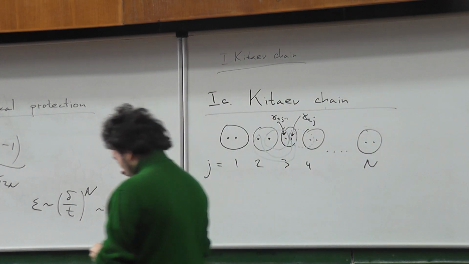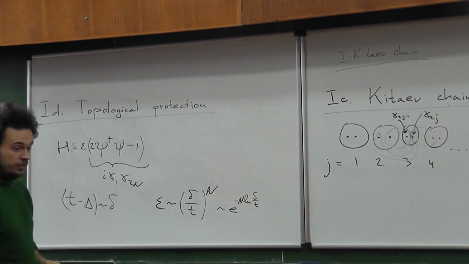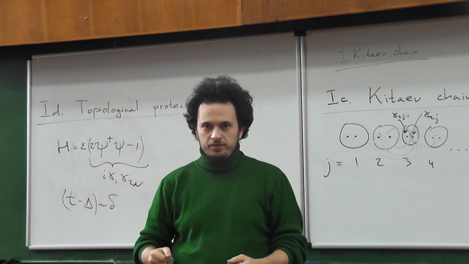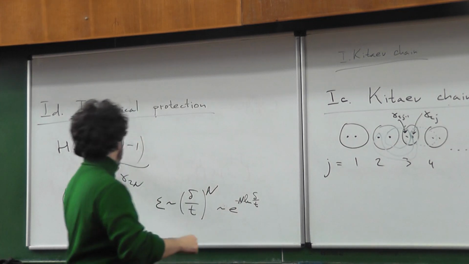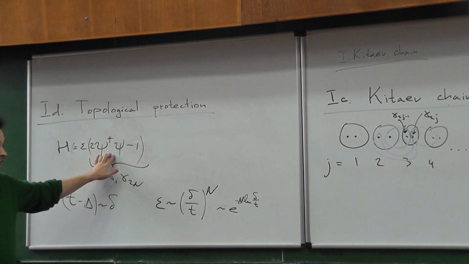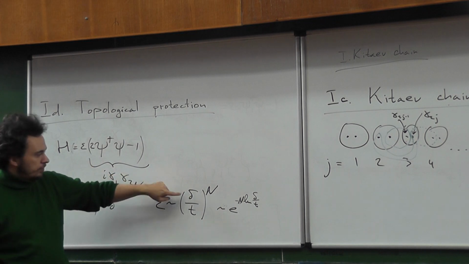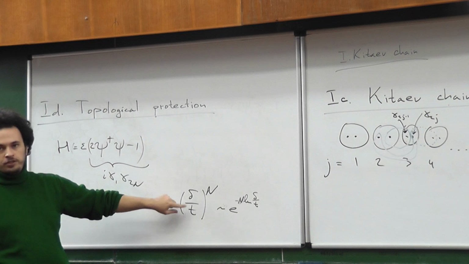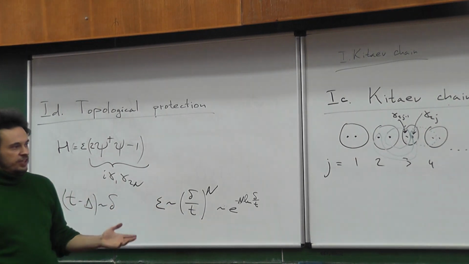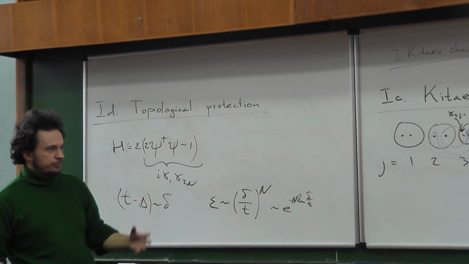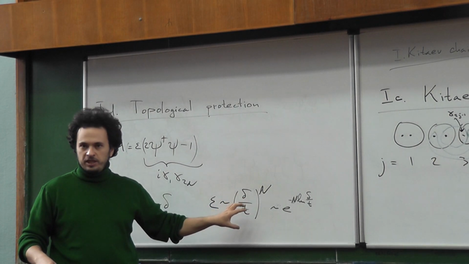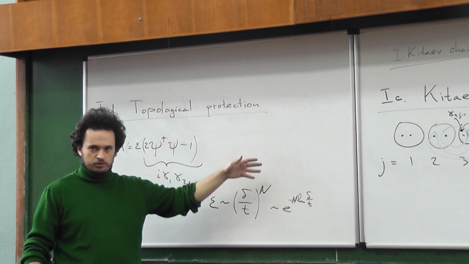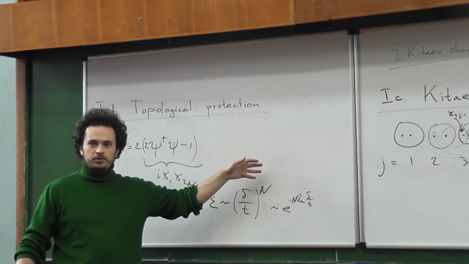Same here. I have to either apply a non-local perturbation, as Gleb suggested, to split the degeneracy, or I need to apply a really big perturbation, if delta is larger than t, if my deviation from the desired parameters is larger than the system gap, then yes, this no longer falls down as n goes to infinity, it actually grows.